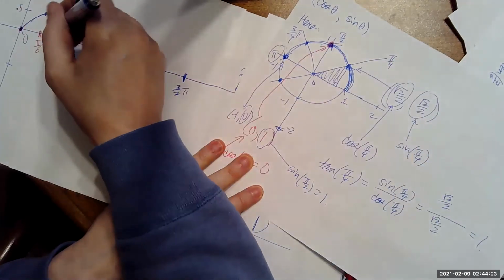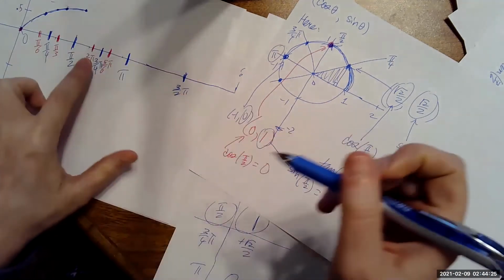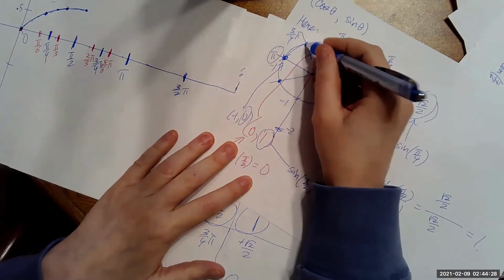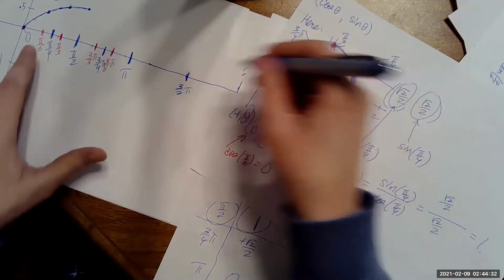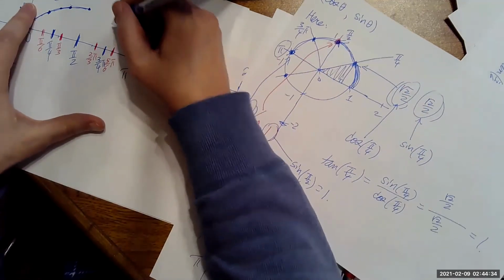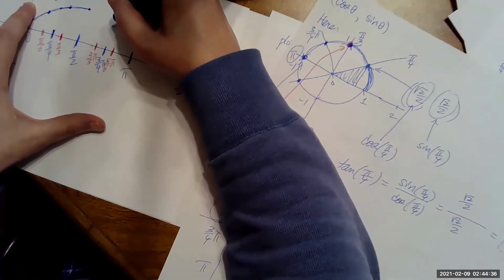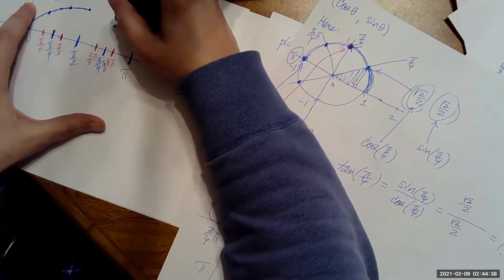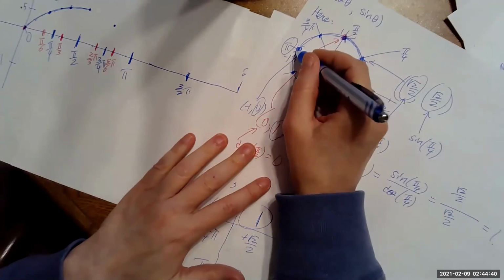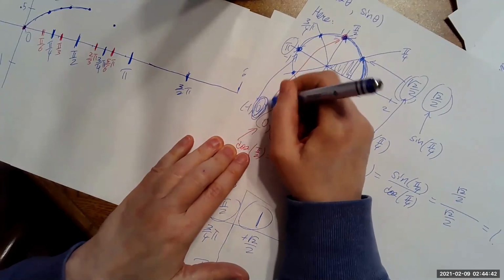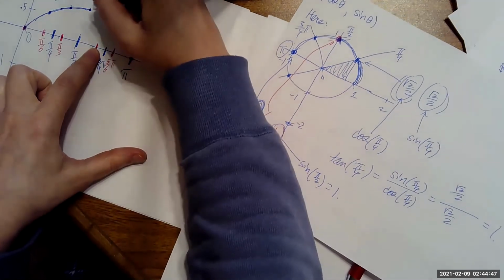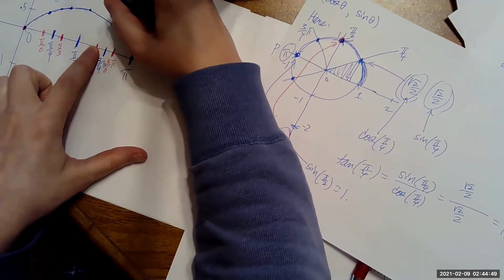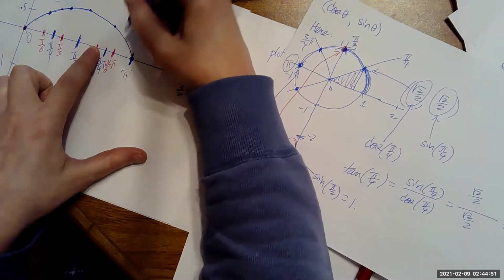So 1/4, 2/4, 3/4 pi is correct. At 3/4 pi, over and up would be square root of 2 over 2, around 0.7. So the height should be around 0.7 here, maybe like that. And at pi, we said the sine answer is 0. So 0 here. And we could fill in more points, but we get a graph that looks roughly like that.